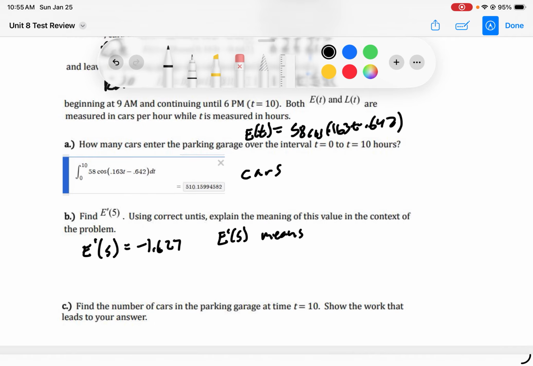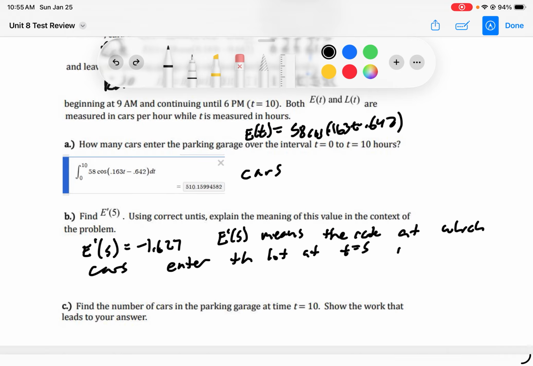So I'm going to say E prime of 5 means the rate at which cars enter the lot at t equals 5. Sometimes you write at t equals 5 at the very end.